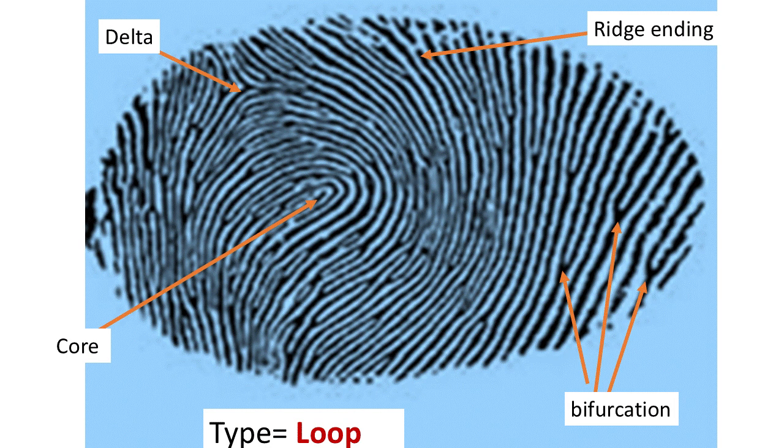These are the fine details that you have on the fingerprint that can differentiate two people belonging to the same category. Maybe both of them are loop, or both of them have arch. But you still need to go further and differentiate them using the minutiae, or we call it Galton points.